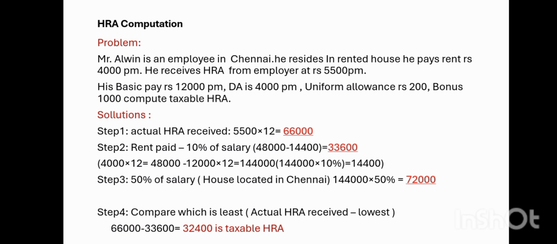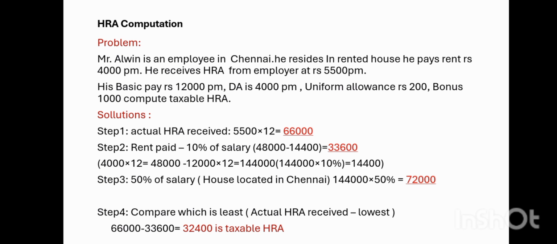Otherwise we would consider 40%. Here also we consider only the basic salary, which is 12,000 per month, so annually it becomes 1,44,000. 50% of that basic salary is 72,000.